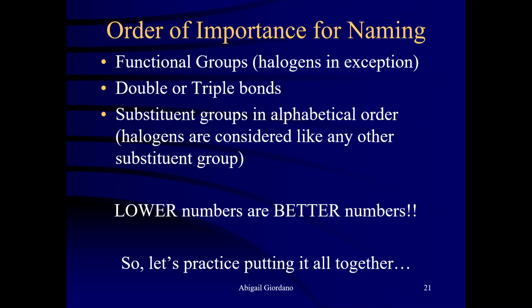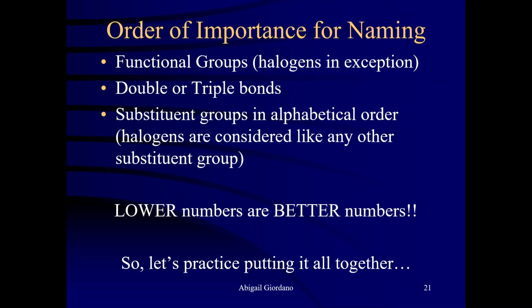Could we throw all of this at you? And the answer is absolutely yes, we could. So we're going to do some practice of putting this all together. But the key thing is, let's say you have a molecule with a functional group, with a triple bond, with substituents. How do you know how to number your carbon chain?